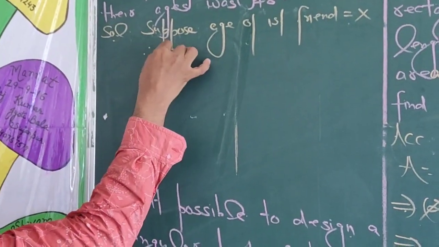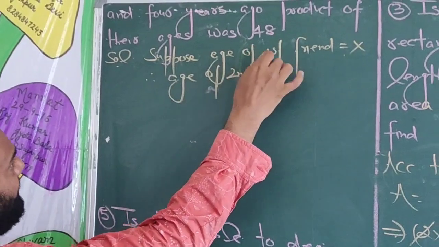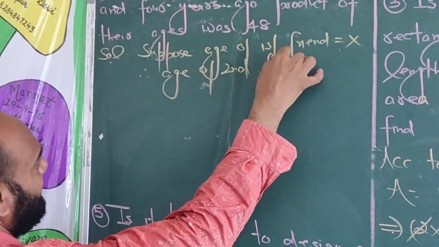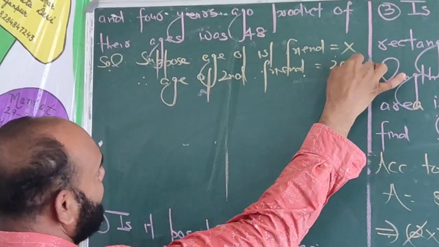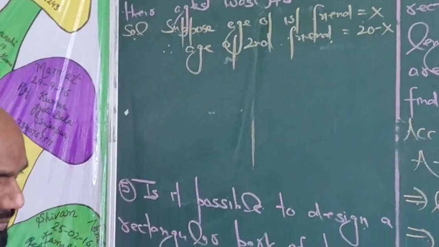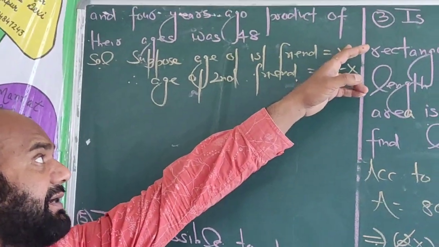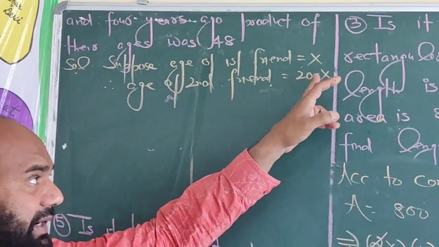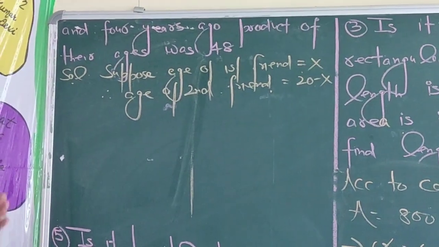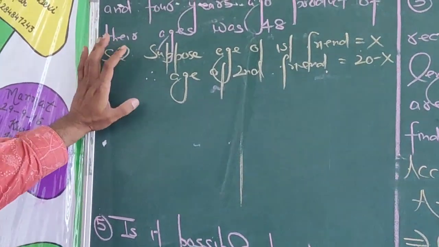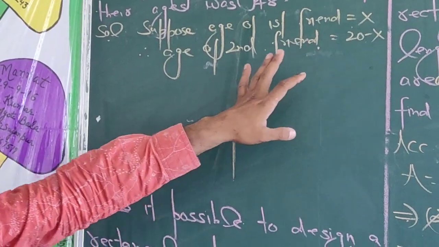Therefore, the age of the second friend must be 20 minus x, because when we add the ages x and 20 minus x we get 20.